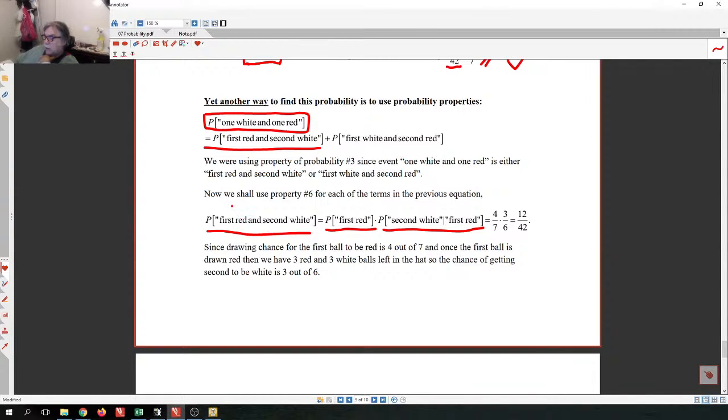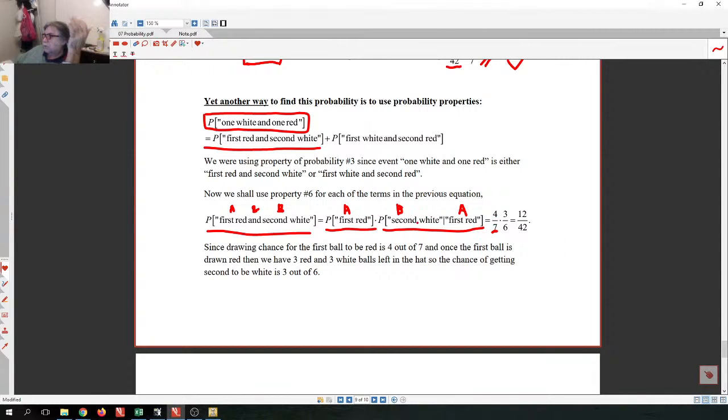This is the probability of A and B, which by the sixth property of probability is the probability of A times the probability of B given A. Okay? Now it's easy to find this probability. What's the chance the first ball is red? That's easy. There are 4 out of 7 that are red. So it's 4 out of 7.